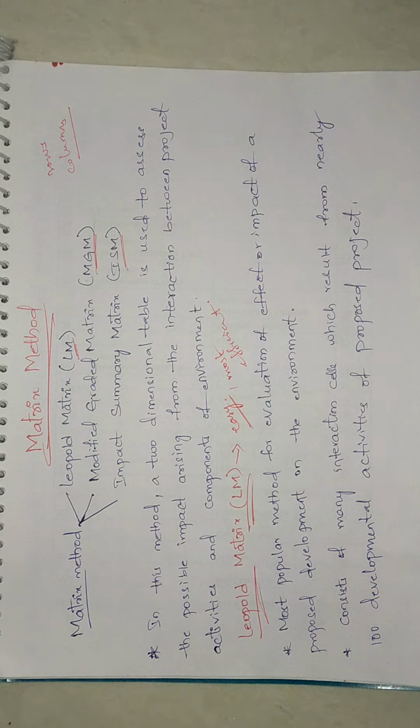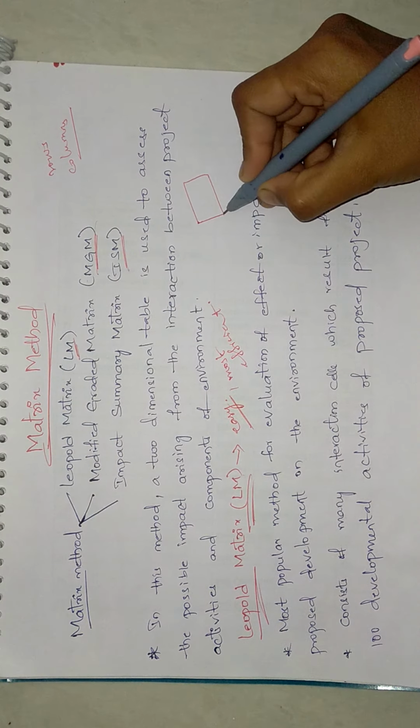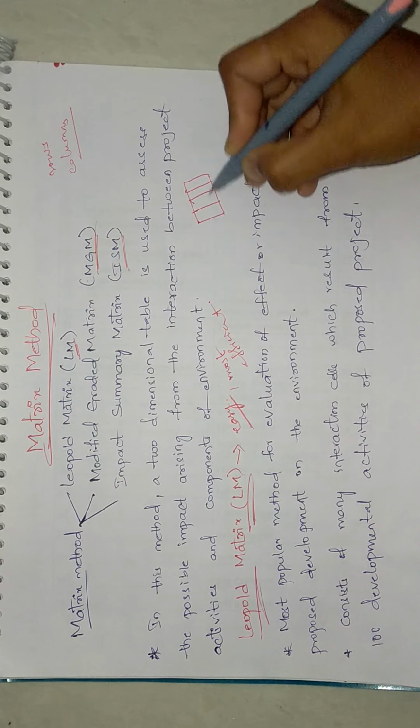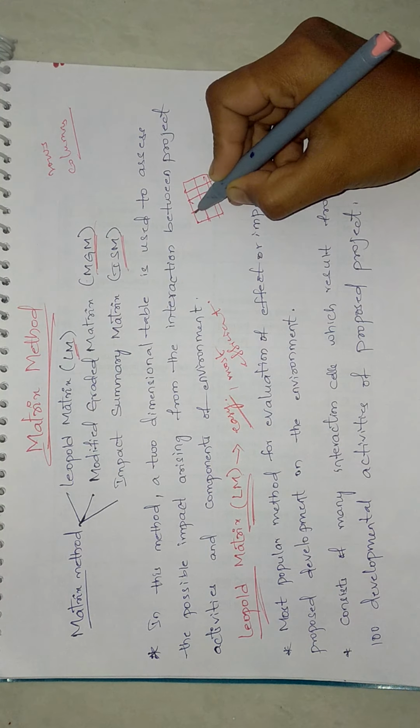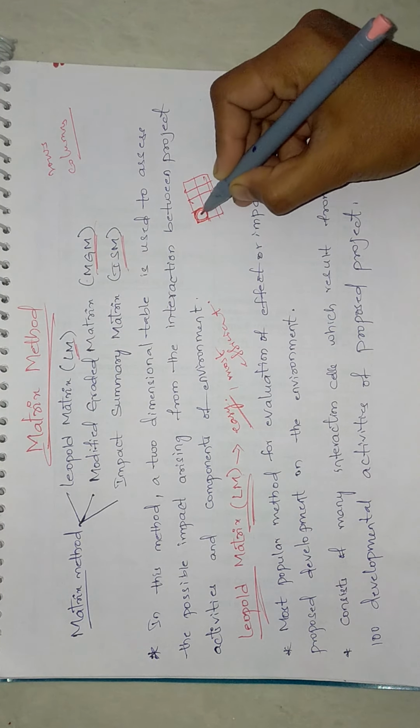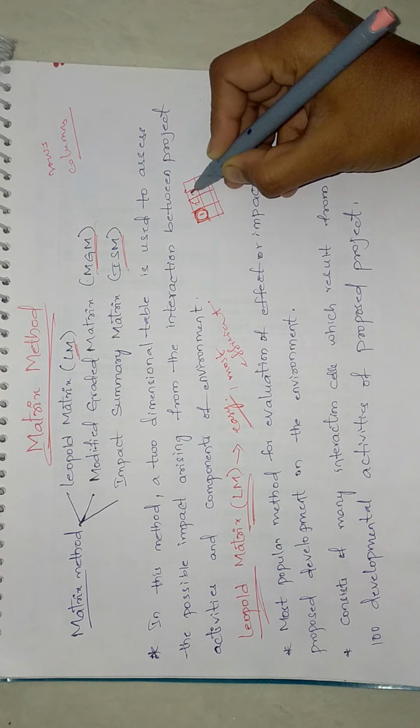So this Leopold matrix will consist of many interaction cells. Interaction cells means, we will have this table kind of thing, just as I mentioned, with rows and columns. So these are rows and these are columns, right? Now these are called cells, cell 1, cell 2, cell 3, 4.